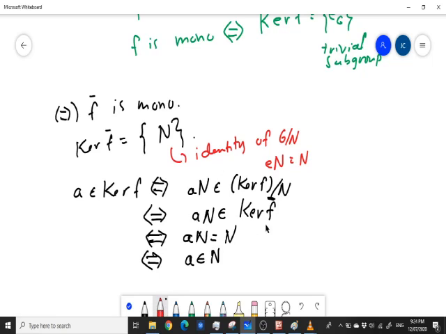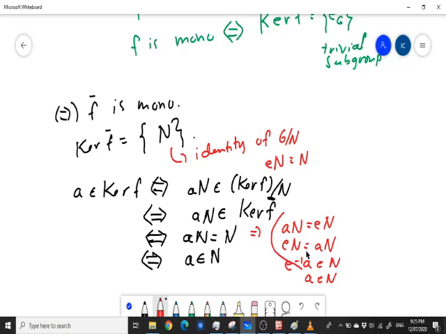Okay, so let's try to expound. What does it mean when an equals n? It implies that an equals en, or en equals an. So by definition, it means a inverse e is in n. But what is e inverse? E. So a plus n, basically.